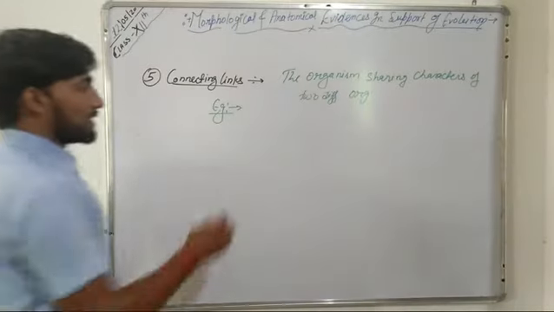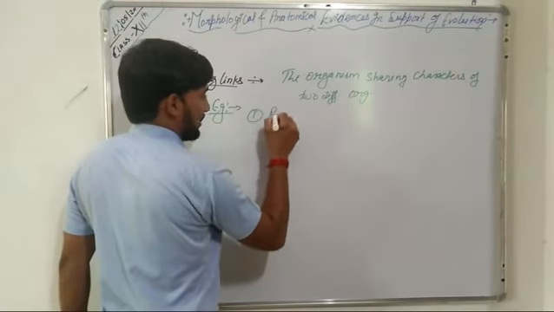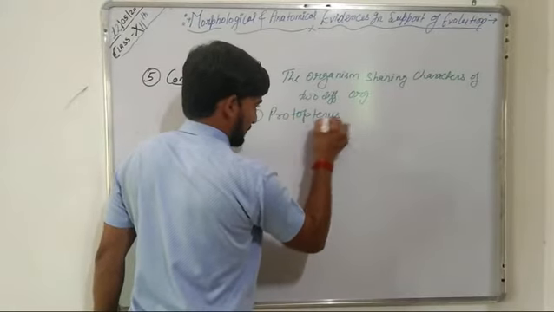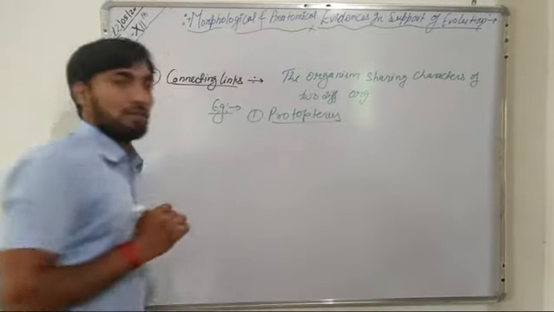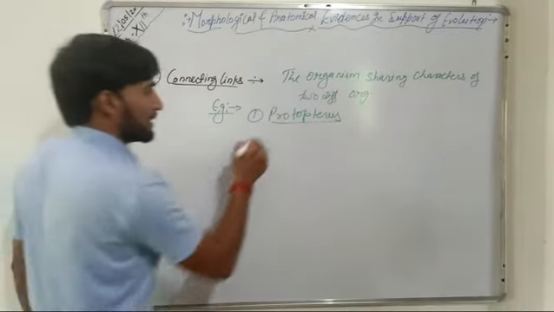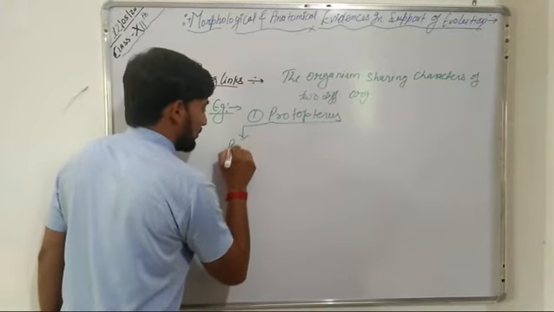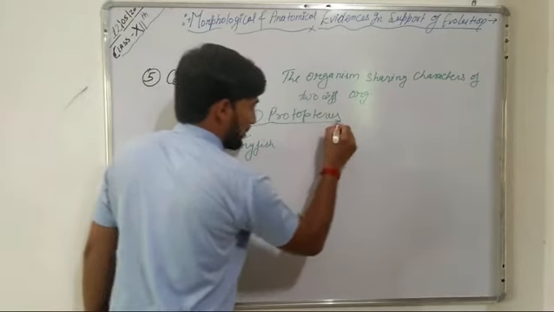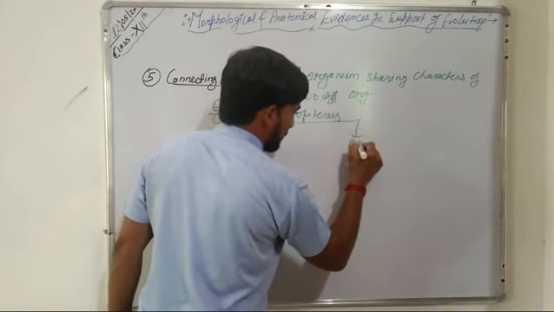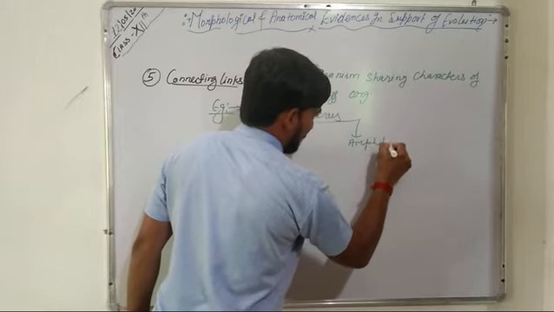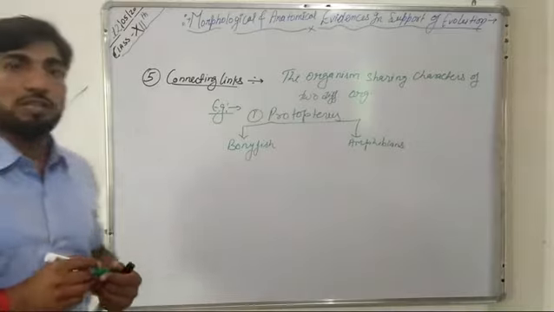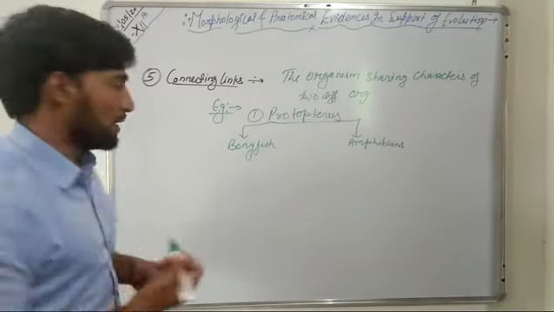Now the first example is Protopterus. This Protopterus shares the characteristics of fishes and amphibians.